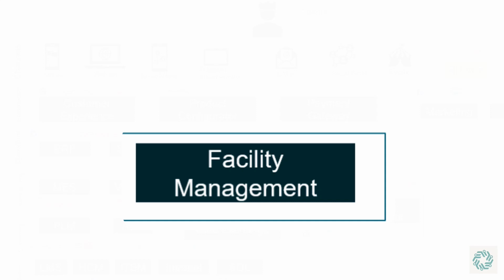Contrarily, CAFM software is a tool designed to assist facility managers in planning, carrying out, and overseeing responsibilities related to asset management, plant and workspace management, reactive and preventive maintenance services, room reservations, and other administrative support tasks.